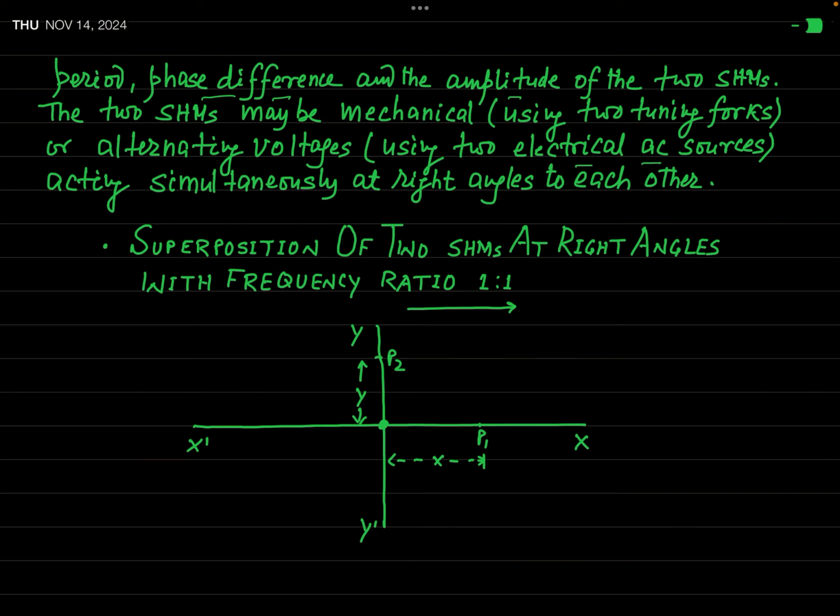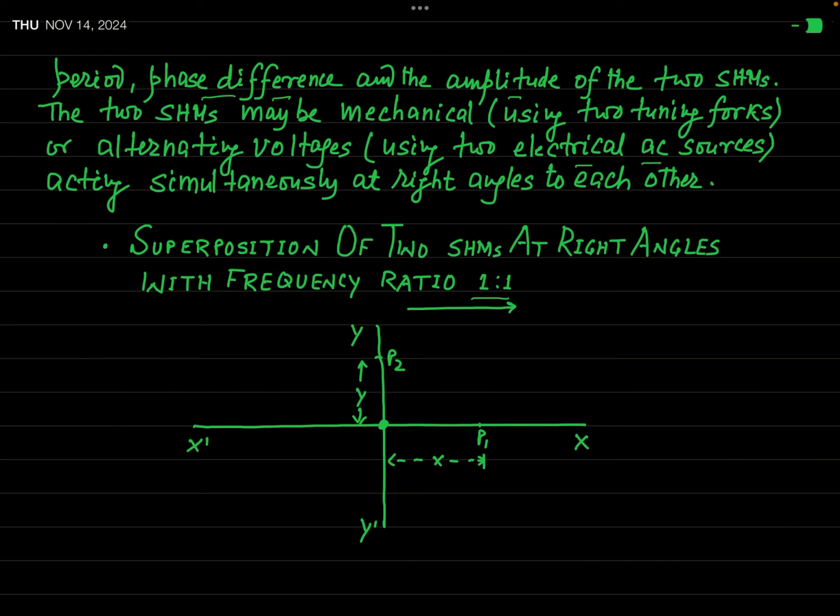Now, to analyze the concept of Lissajous figures, we will consider different cases. In the first situation, we are going to see how we can find the Lissajous figures analytically when the ratio of the frequency of two SHMs is 1:1.